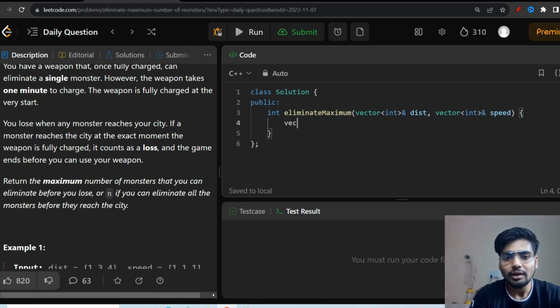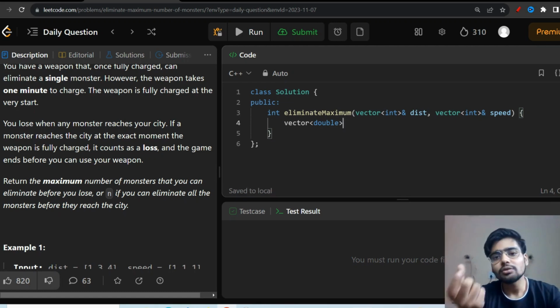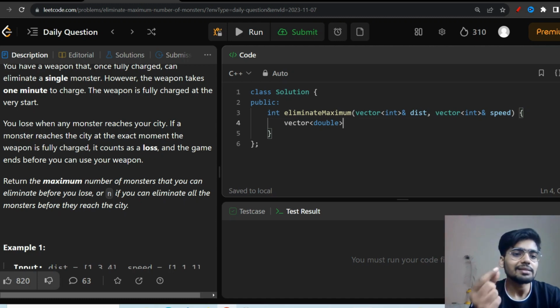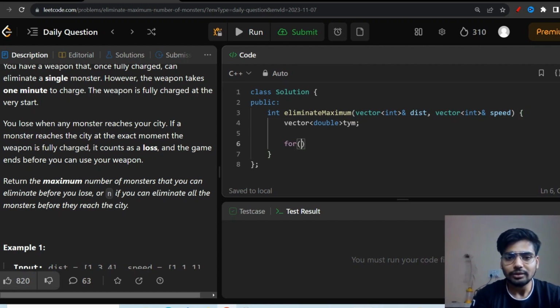So first of all, we make a double vector. Double is used because distance upon speed is sometimes a decimal, that's why. ठीक है, तो टाइम कुछ इस तरीके वाला यूज कर लेता हूँ मैं.